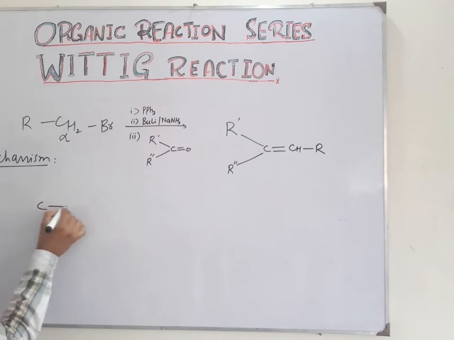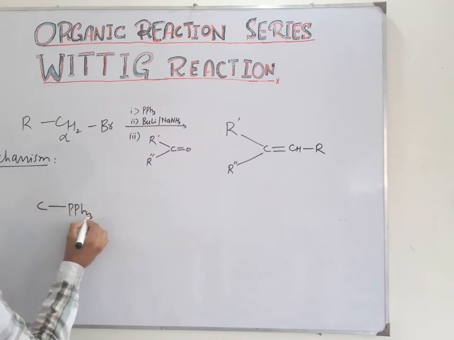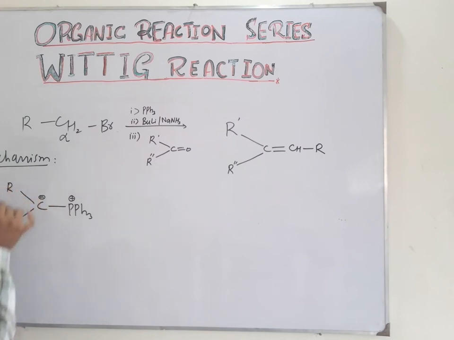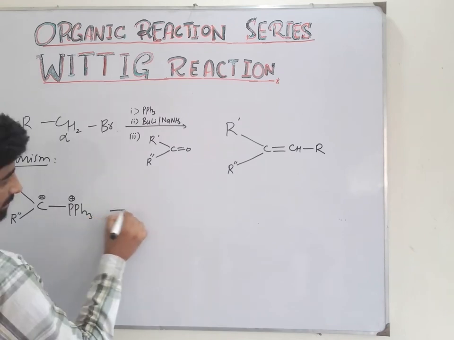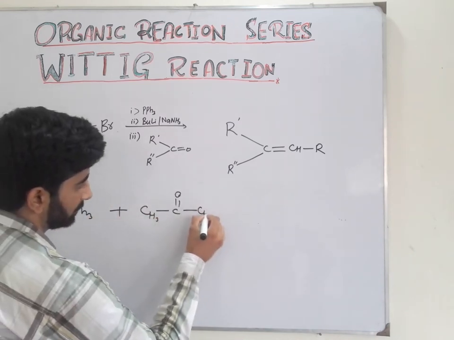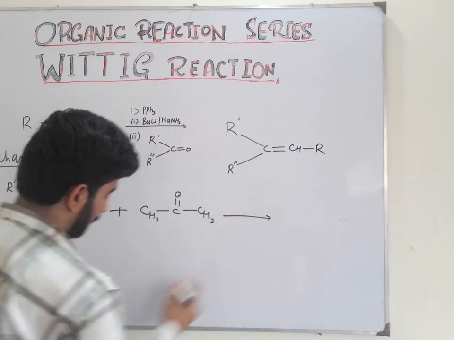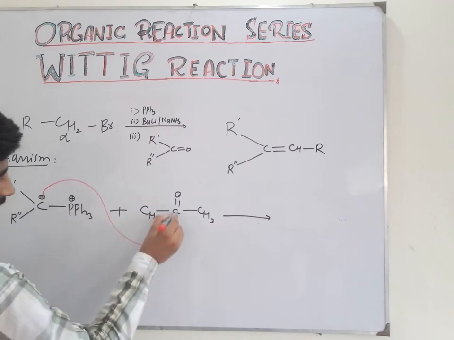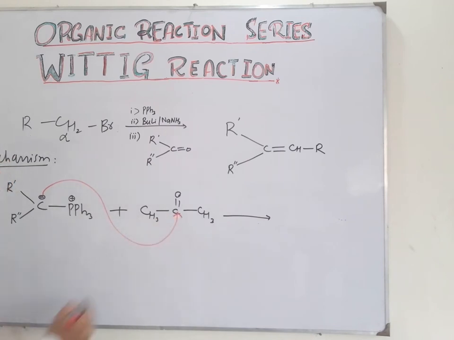Mechanism of reaction. We synthesize ylide, that is also known as Wittig reagent. In the first step, we add dimethyl ketone. What happens in the first step? In the first step, this negative charge attacks the electrophilic center.